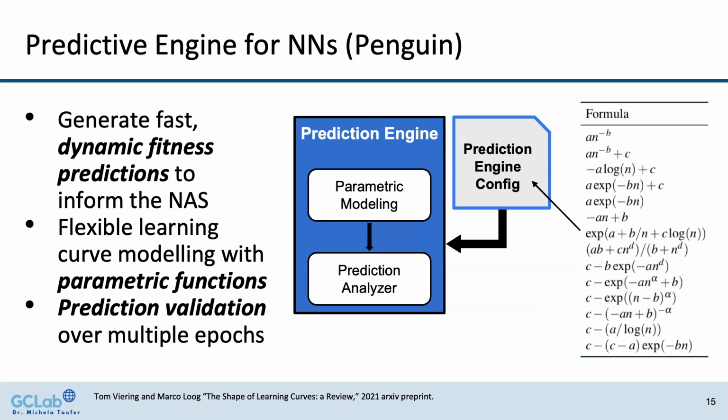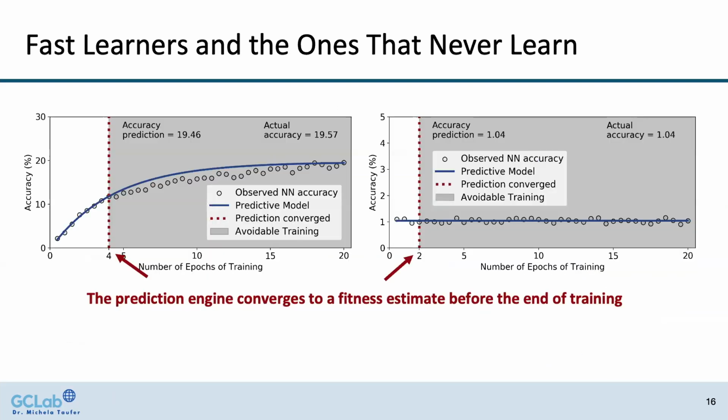To do this, we used a parametric model. We define a function that mimics the expected learning behavior of the learning curve, and then we train the model using the past performance data to predict what comes next.